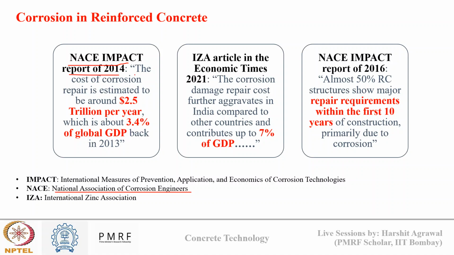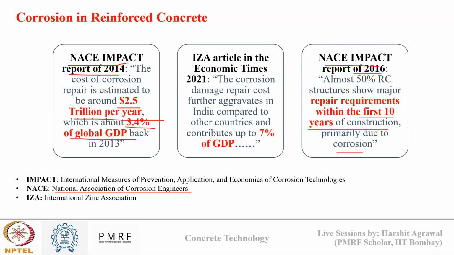According to their report of 2014, they have said that the cost of corrosion damage repair is estimated to be around $2.5 trillion per year, which contributes up to 3.4% of global GDP. The same report in 2016 also said that 50% of the structures which show major repair requirement within their first 10 years of life is due to corrosion.